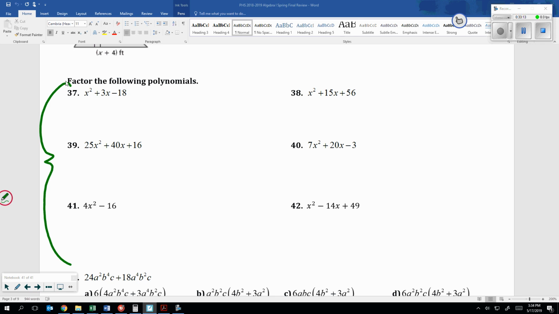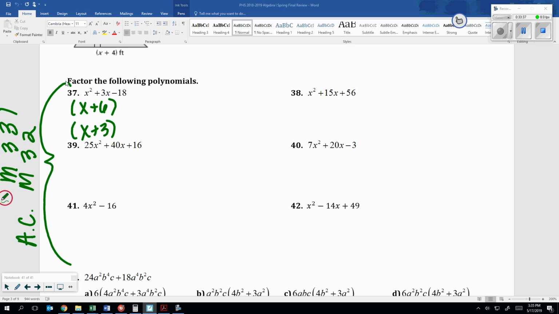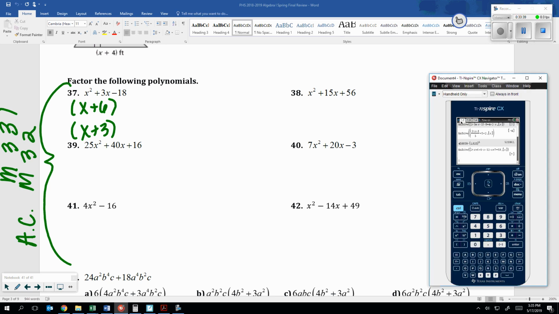So with these, remember that we go menu 3 3 1, and then for our answer choices, we do menu 3 2. Let's say our answer choices were x plus 6 and x plus 3, and they're asking for one of our factors. If we go to our calculator, the first thing we go to is menu 3 3 1.